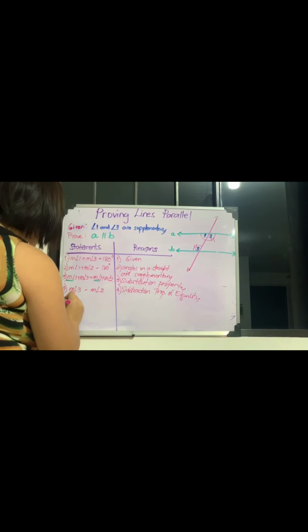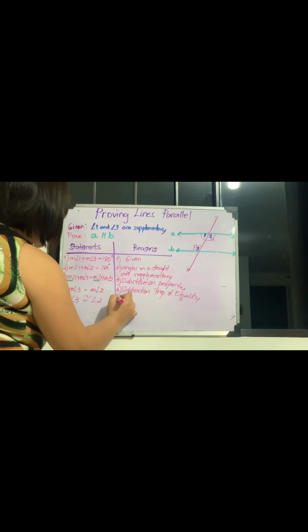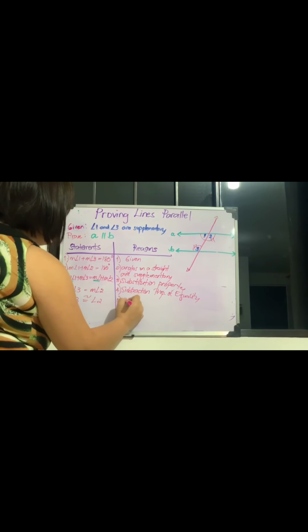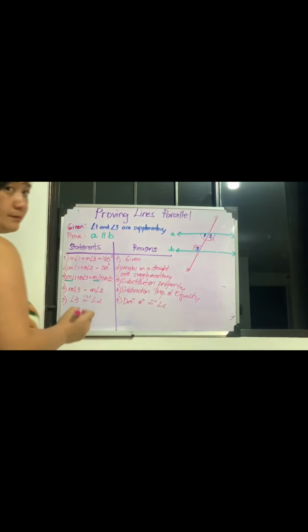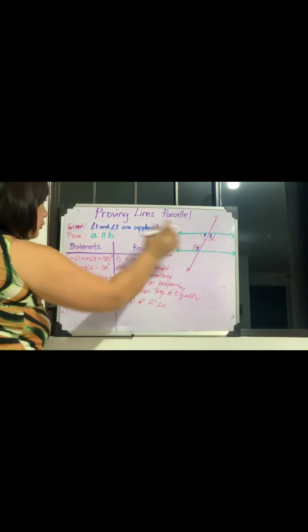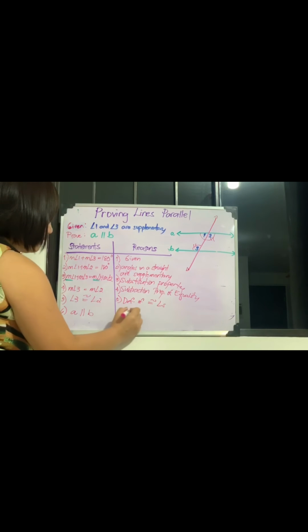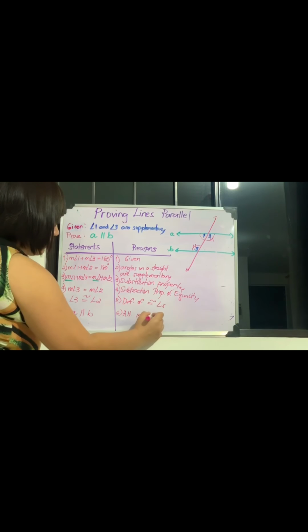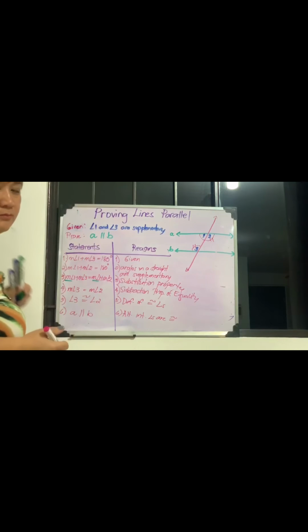So we're just going to change it to angle 3 is congruent to angle 2. And the reason for this is definition of congruent angles. Okay? And lastly, once angle 3 and angle 2 are congruent, then we can say that line A is parallel to line B. And this is because of the alternate interior angles are congruent theorem.